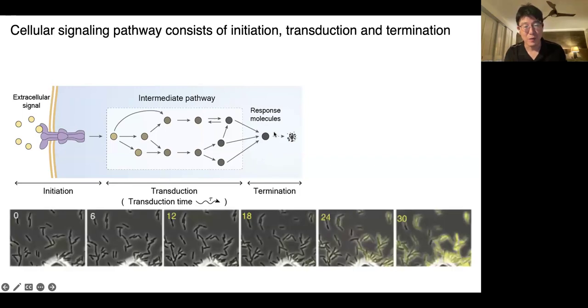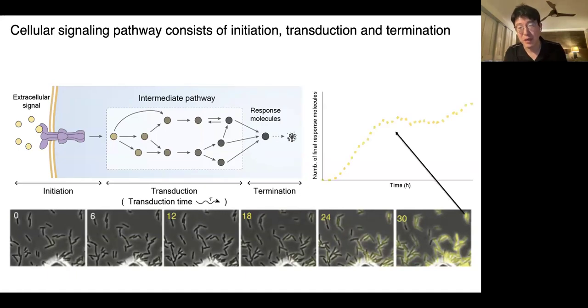For instance, if you look at this image, if we give a certain drug to the bacteria, at the beginning nothing happens, but as time goes, you can see that yellow light is emitted from the bacteria, which indicates that some specific molecule is produced in the bacteria.